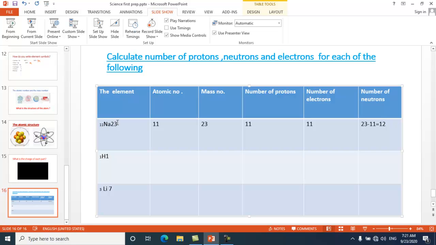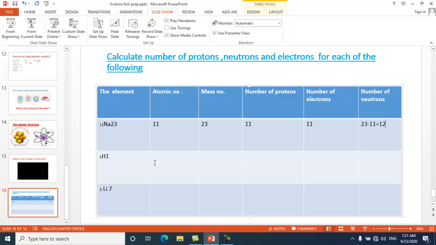What about the mass number? The mass number is the number of protons plus neutrons. So if you wanted to calculate the number of neutrons, how to calculate it? The mass number minus the atomic number. 23 minus 11 equals 12.